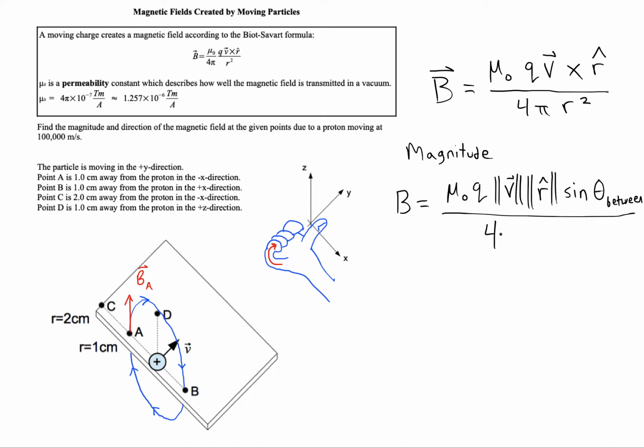And then we'll divide by 4 pi r squared. Now r hat is a unit vector. This means its magnitude is just 1. All right, so let's simplify it even farther.